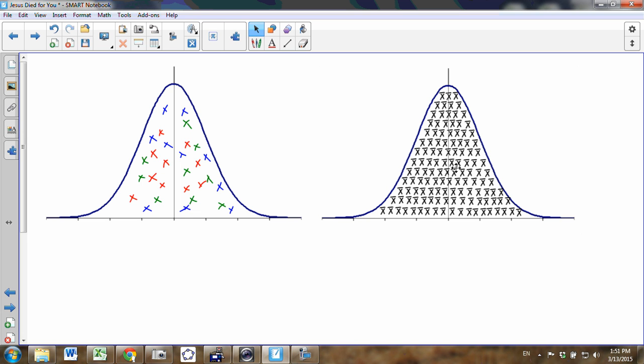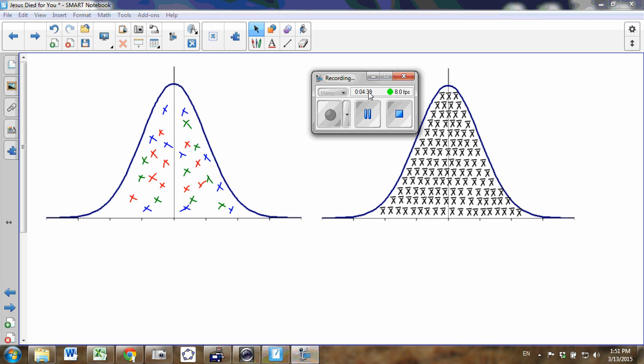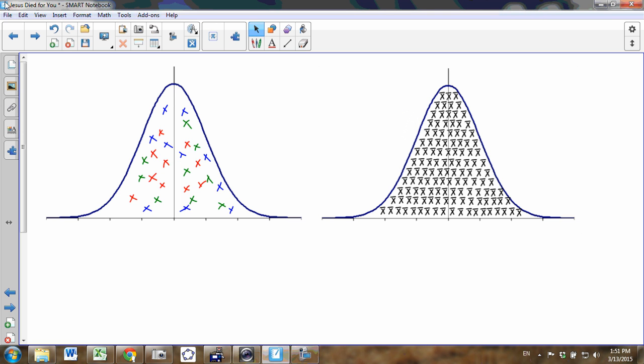Each one of these x bars is the mean of a sample of some particular size. Okay, so that's going to explain what we're going to be looking at on the next page.